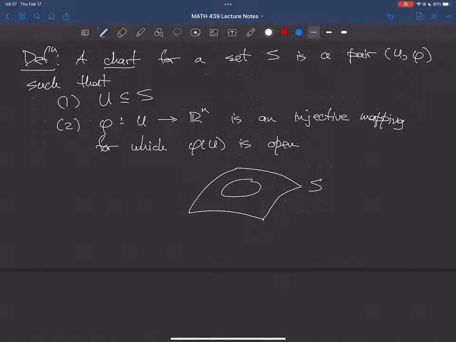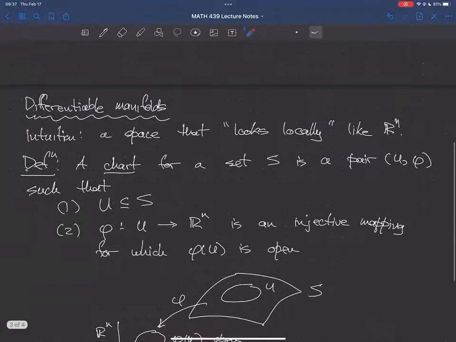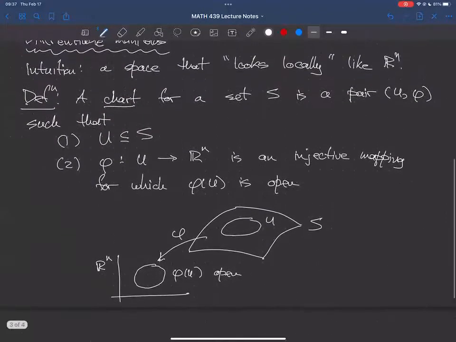We just take a subset U of S, and then I have a mapping phi, which goes down here into Rn, and I have its image, which is open. Okay, so a very simple thing. It's just a bijective mapping from this subset U into some open subset of Rn. Okay, and that's what this means. Okay. All right, so that's step one of the construction.